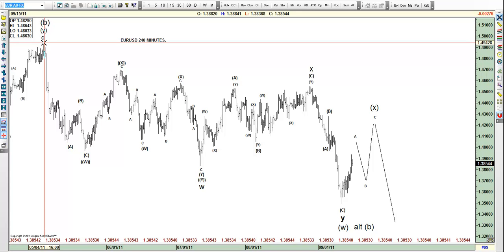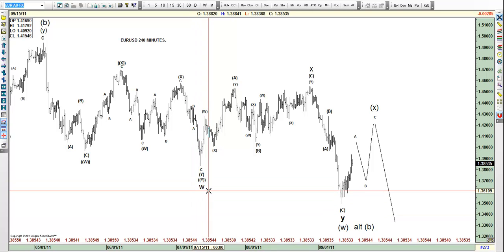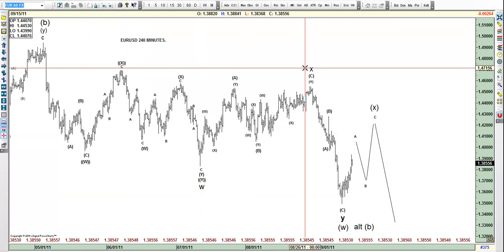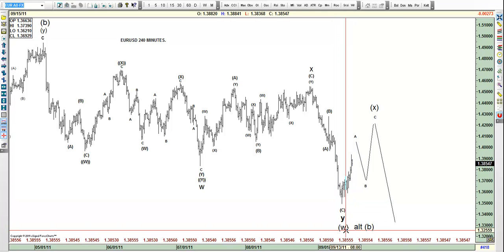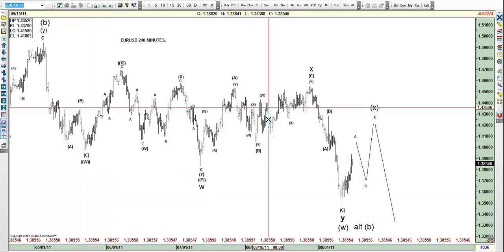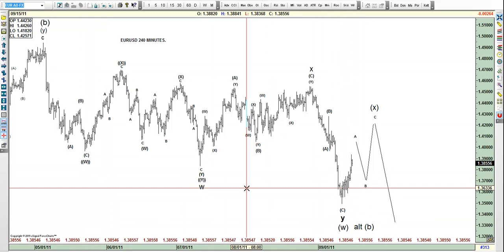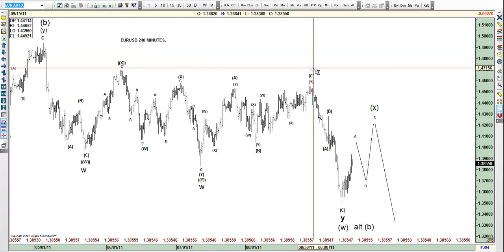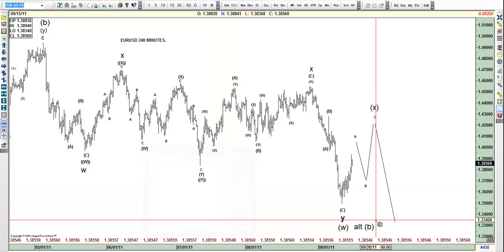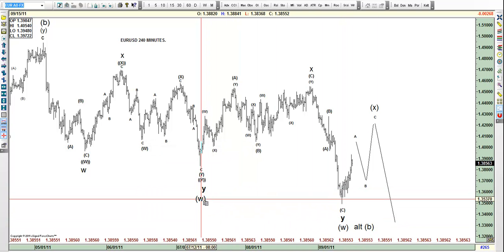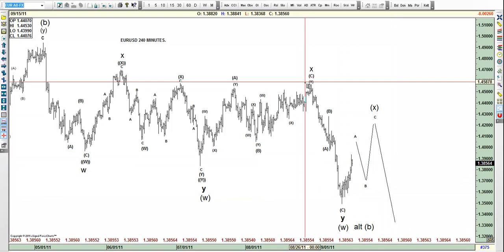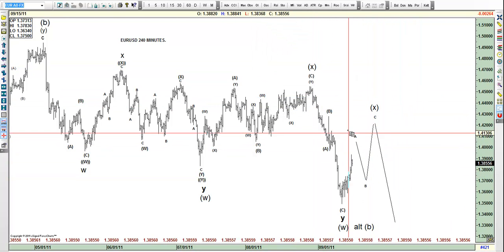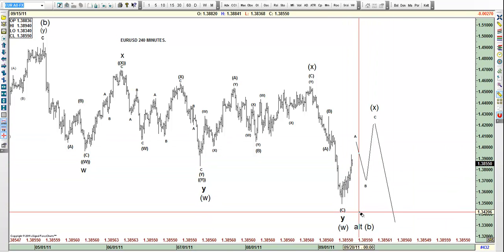Now, the second scenario is that we got ABC, this is W, ABC, W, S, Y, S, and now instead of this big W or Y of higher degree, the other scenario is that you move this W here, you move this S right here, and then you move this Y right here, and then this becomes W. And then this S becomes this S, and now what you're gonna correct is, sorry, I'm changing everything.